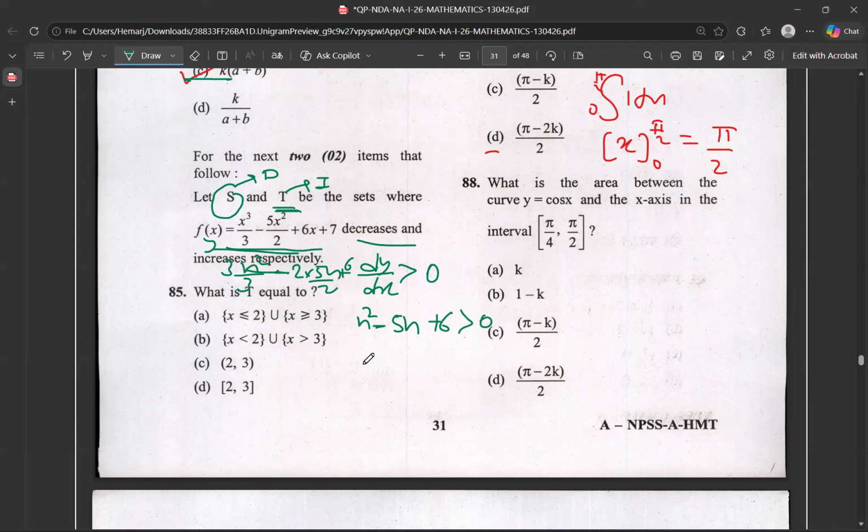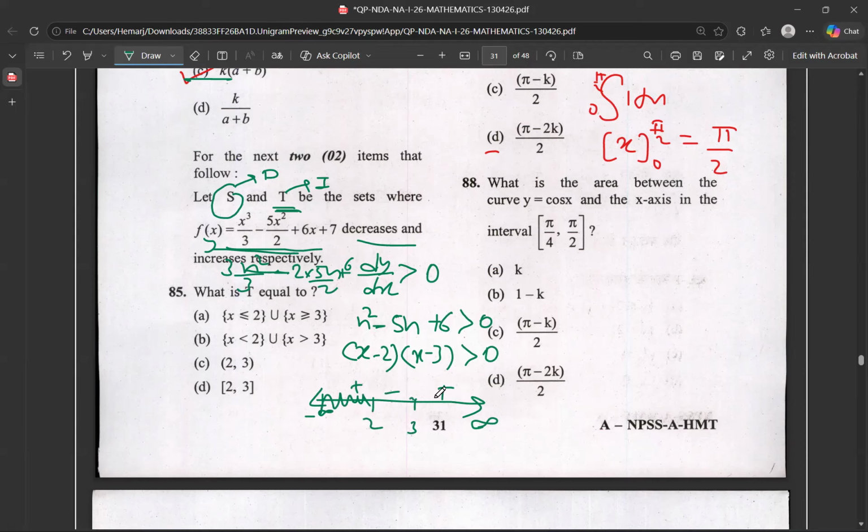So basically now this becomes a very basic question of inequality. When you factorize it, this will be x minus 2, x minus 3 greater than 0. This is our number line, minus infinity, infinity, nothing but the wavy curve method we are trying to implement here. 2, 3, positive, negative, positive, so greater than 0.